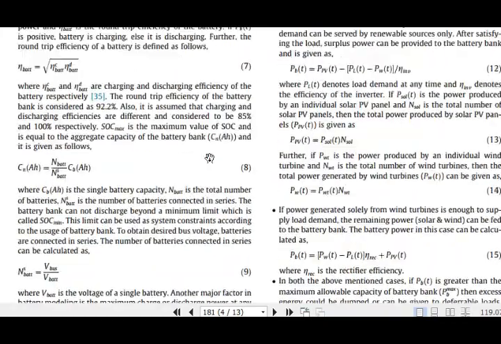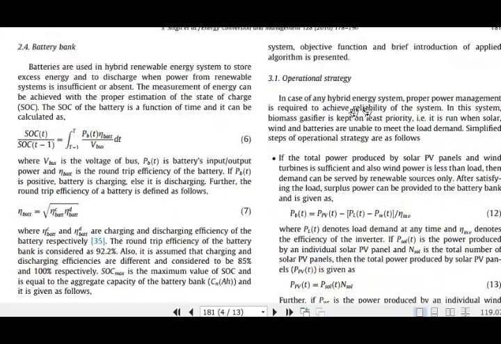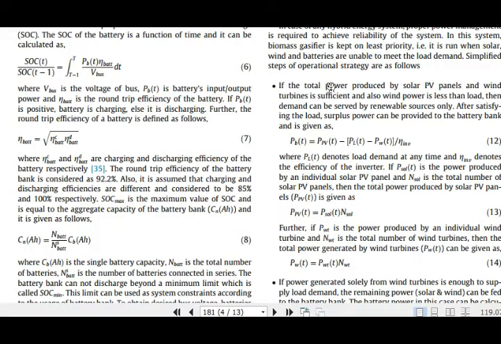Here is the operational strategy again, written in theory; these are the same things. In the first case, when the total power produced by the solar panel and the wind is sufficient and the wind power is less than the load, this formula will be used.